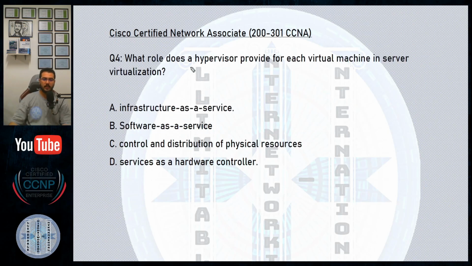What role does a hypervisor provide for each virtual machine in server virtualization? You have a server, you have installed a hypervisor upon it, and now your hypervisor is creating multiple virtual machines. So what is that hypervisor really doing, and what is a hypervisor?